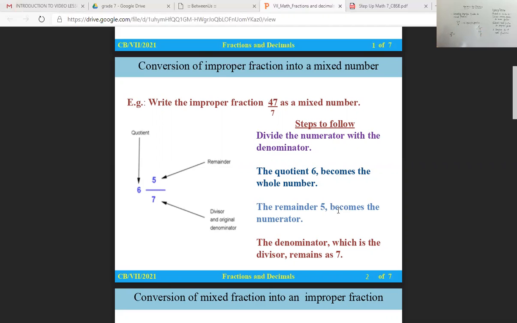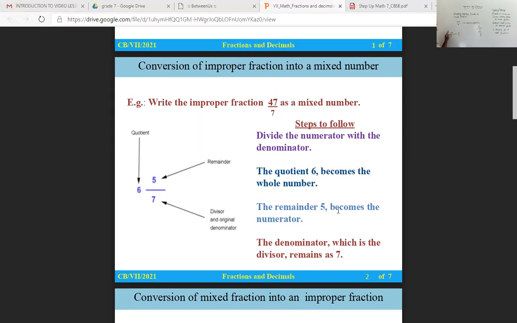6 and 5 by 7. That is how you write it. 6 is your quotient, then the remainder by the divisor.